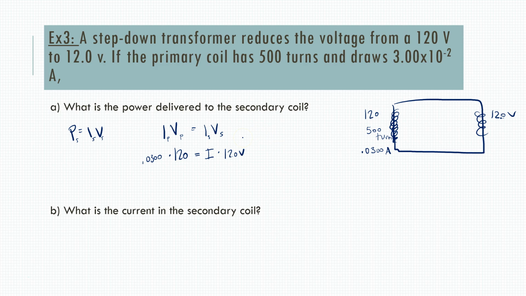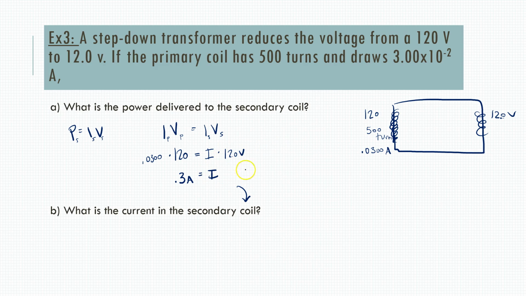Okay, so let's see what we get out of that. Let's solve for I. Incidentally, as I solve for this, I'm finding the answer down here for that one. So as I solve for this, I should get 0.03 times 120, and that is going to be divided by 12. So I get that I have a current right there of 0.3 amps, which is small, but it's bigger than this one.